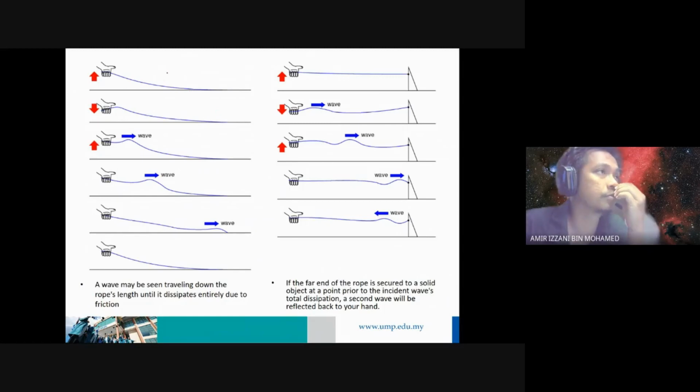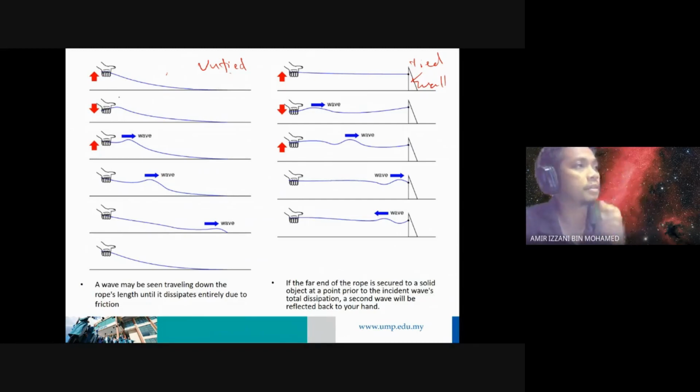On the left side it is untied. If we shake the rope, we create a wave, which will move and in the end disappear. No reflection.